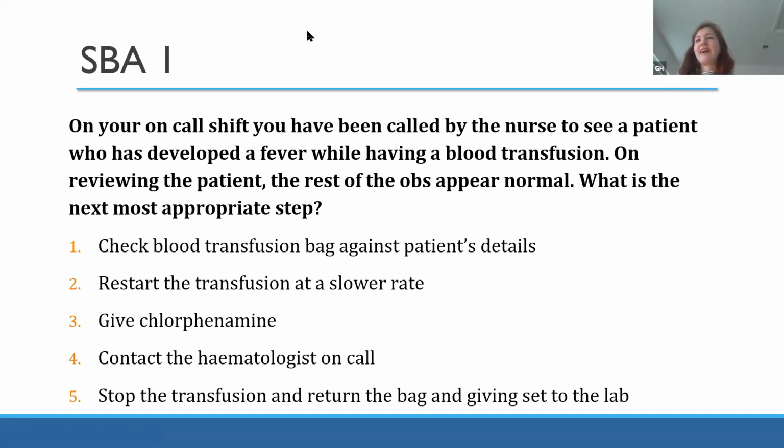So this was a past paper question that I've borrowed. That's good. If I give you guys about a minute, does that seem fair?